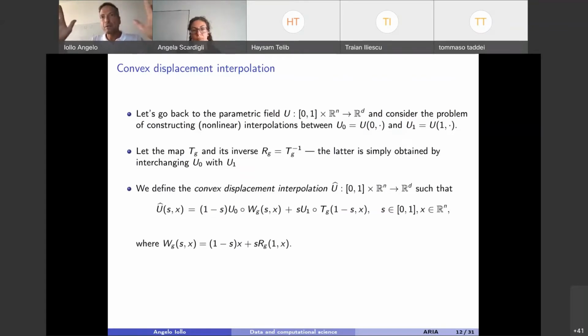When you do linear interpolation between two snapshots, you are basically interpolating point to point, let's say, in interpolation space. Now what we are doing is shifting these two points in space according to a mapping that we know how to find thanks to a Gaussian mixture model.